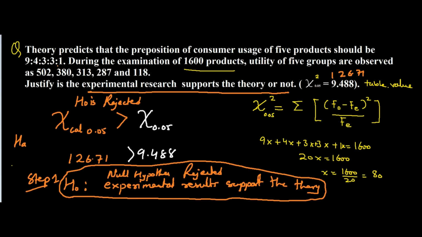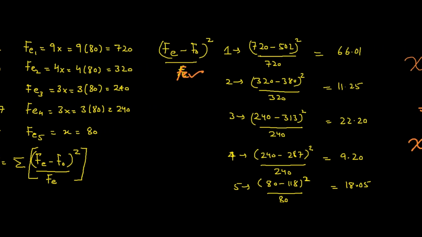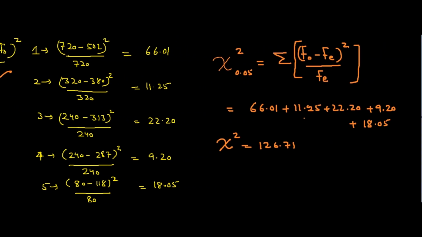Now in this question you are given a ratio with this much product, so you have to find individual FE. That I have done here, and I have calculated FE for all of them with the help of that ratio, and now I have calculated the difference and square of it divided by the FE value. Important is that the denominator is FE, the frequency estimated at this point, and when all of them are obtained, we have to do the summation.